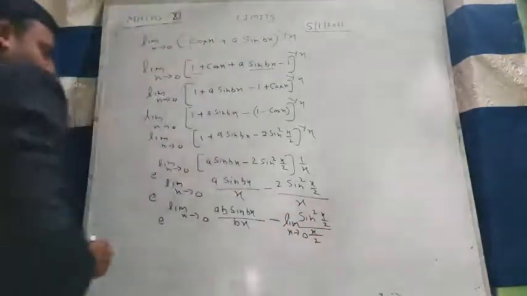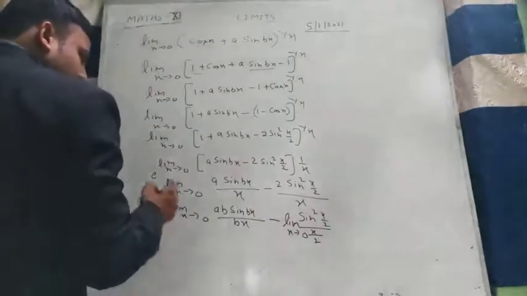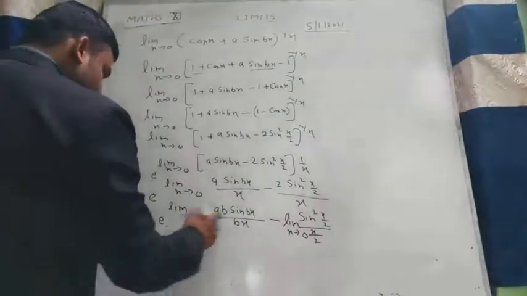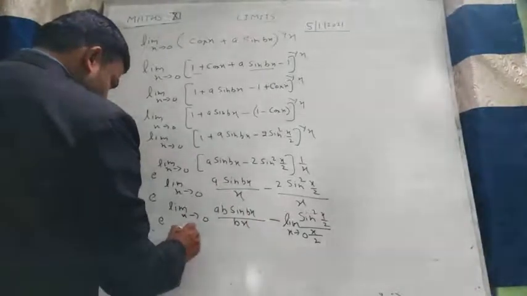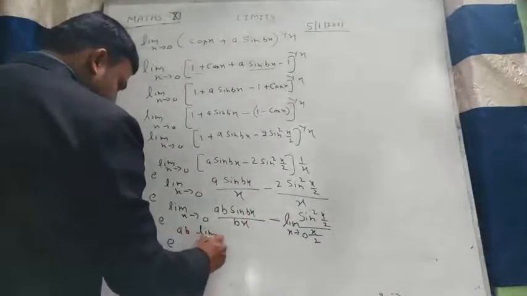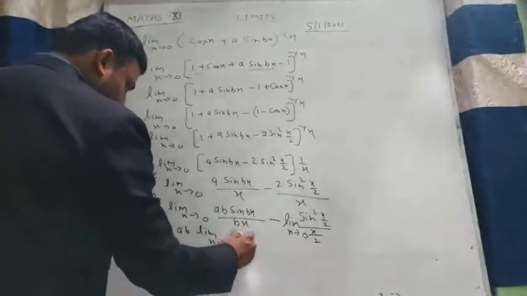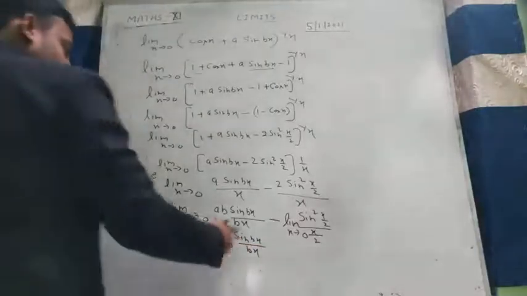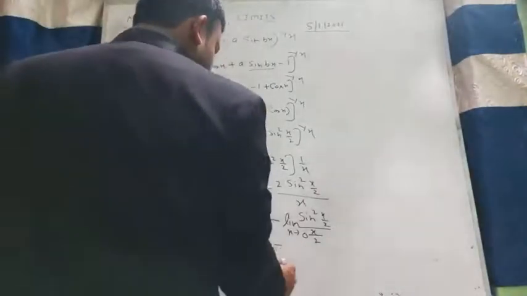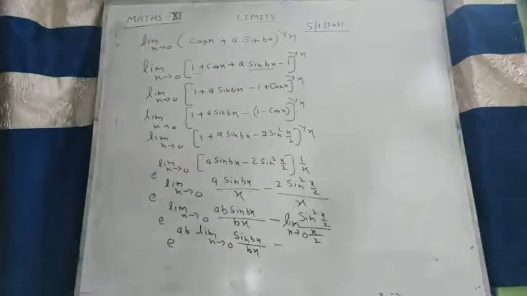Okay, now we are seeing that student this part is equal to e to the power ab and limit x tends to 0 sin bx by bx. This part is 1 and this, when we are putting the limit 0 x, we are getting that this is equal to 0.